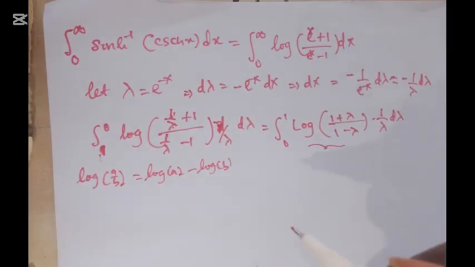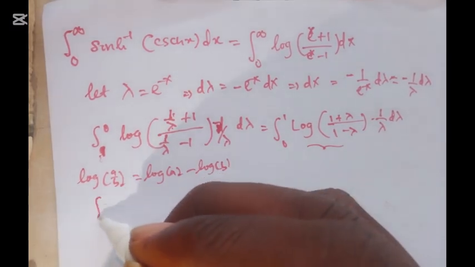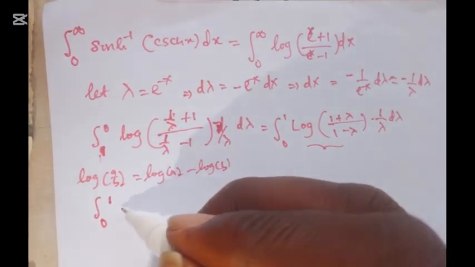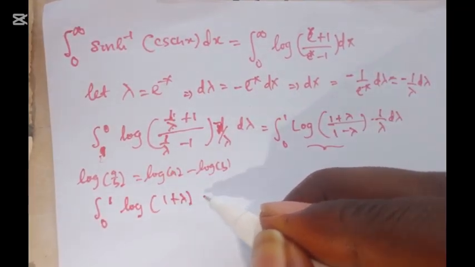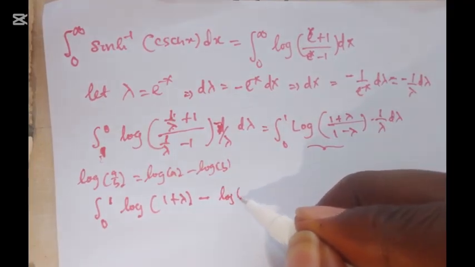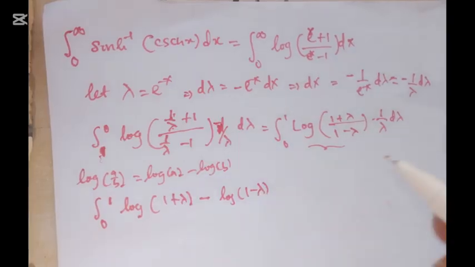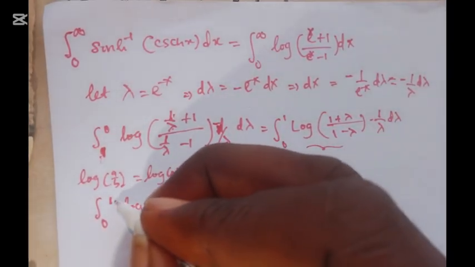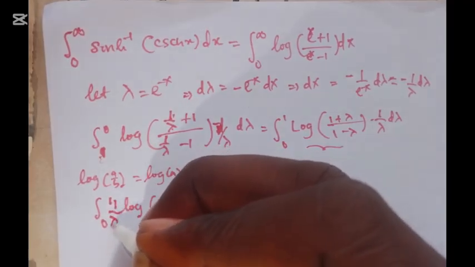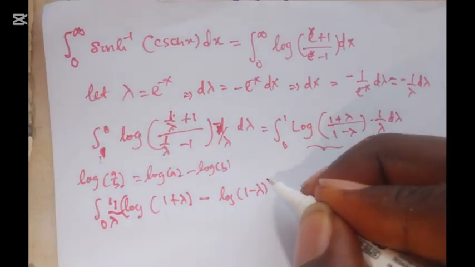If you apply the rule here, we're going to have the integral from 0 to 1 of log 1 plus lambda, then minus log 1 minus lambda, multiplied by this 1 over lambda outside. So everything is multiplied by 1 over lambda, d lambda.